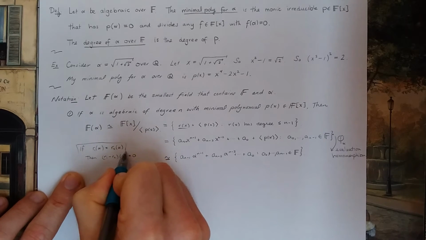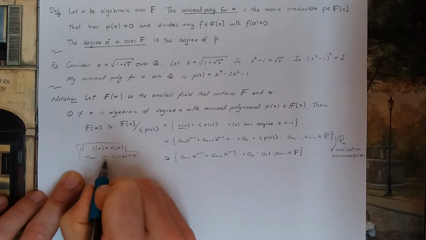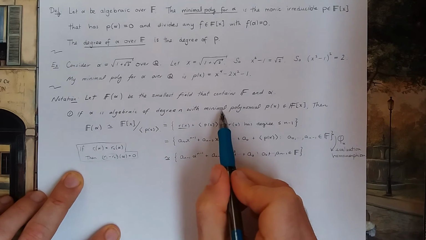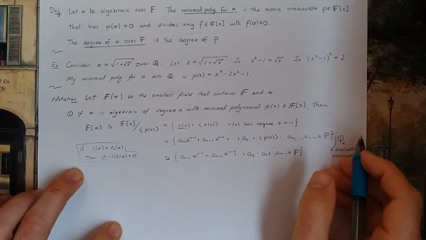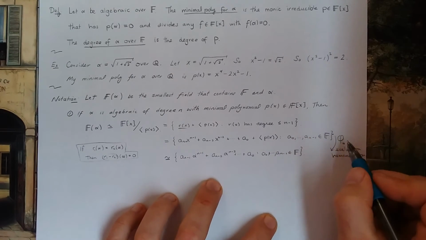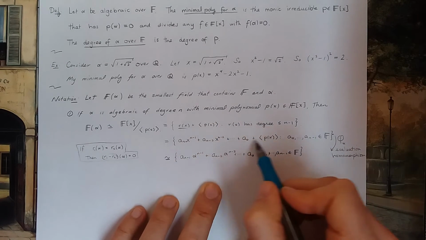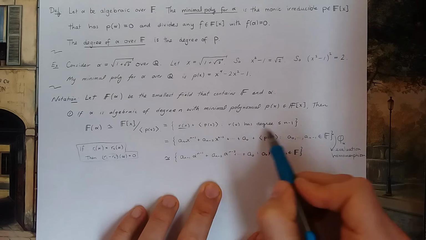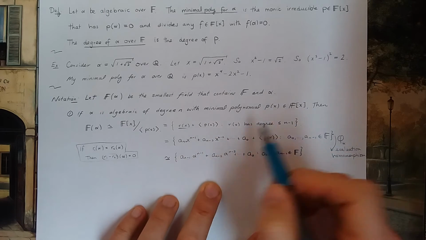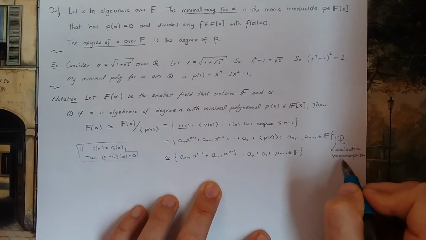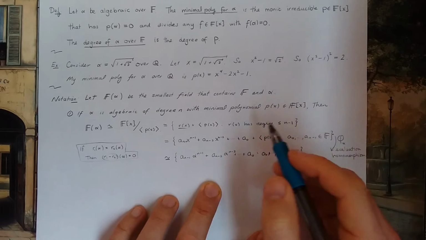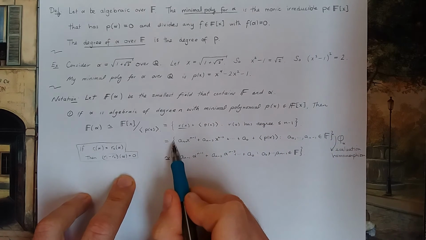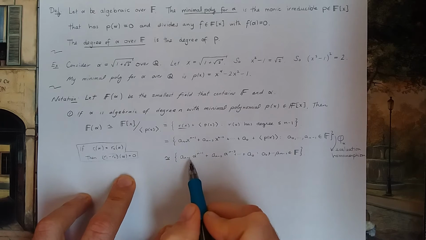That would be a contradiction because the degree of R1 minus R2 would be smaller than the degree of the minimal polynomial. What I'm trying to show is that when restricted to these degree n-1 or smaller polynomials, the evaluation homomorphism is actually an isomorphism, showing why these two rings are isomorphic.